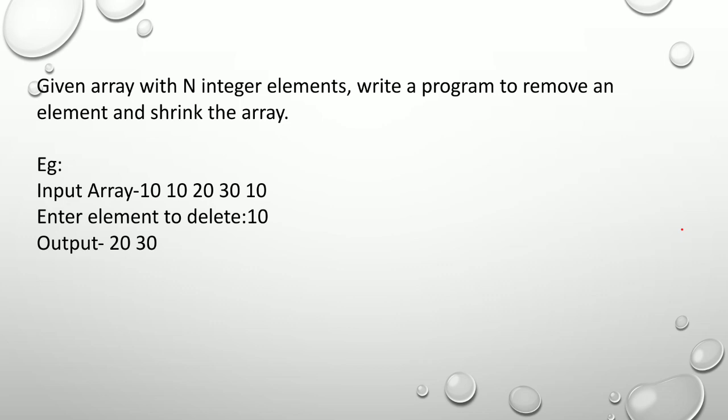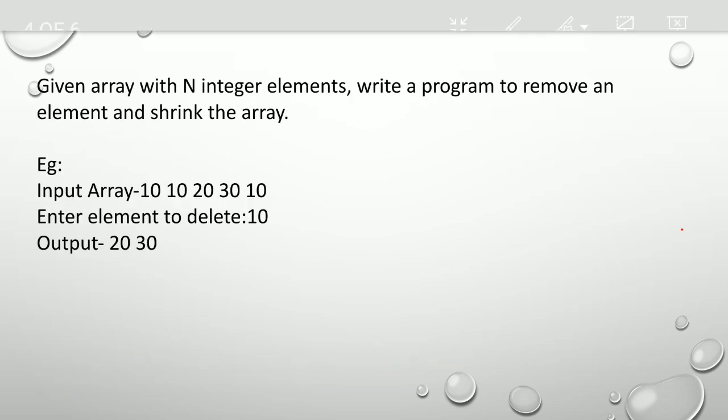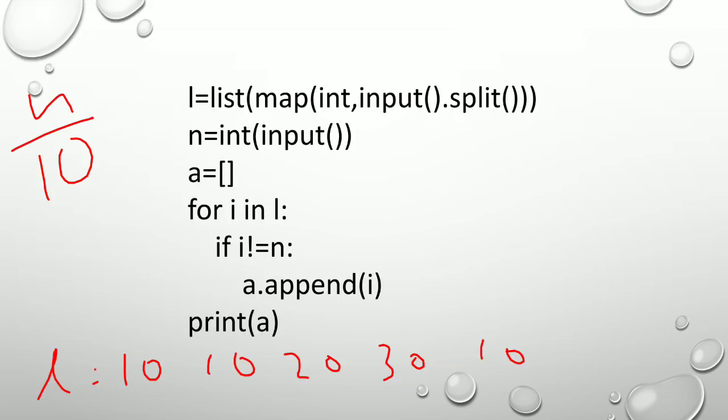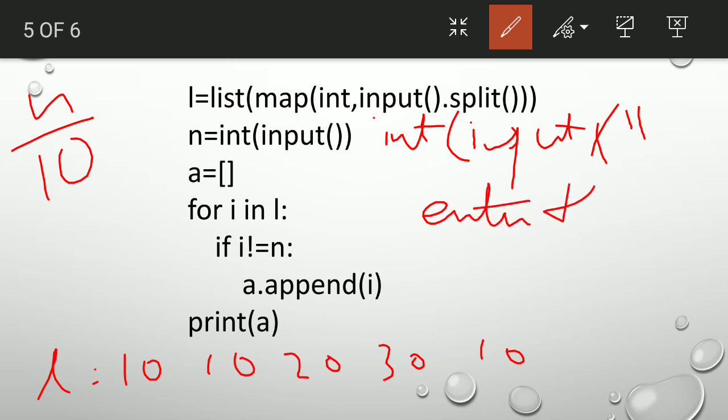To write this in our program, instead of writing int of input with empty brackets, inside this bracket we will write Enter the element, inside quotes, and then close the quotes and both the parentheses.